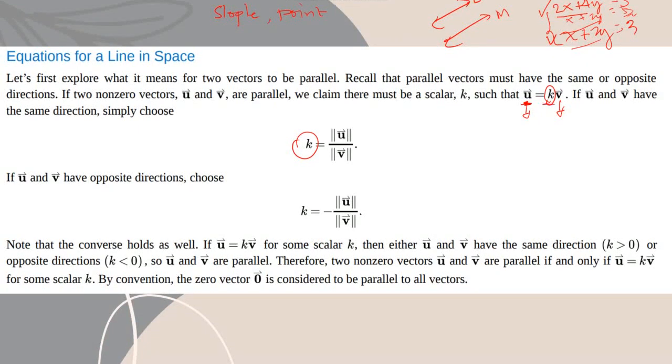Okay? This K, ang imuhang constant, this is a scalar, nga i-multiply to one of the vectors para mailhan nato kung parallel ang duha ka vectors.